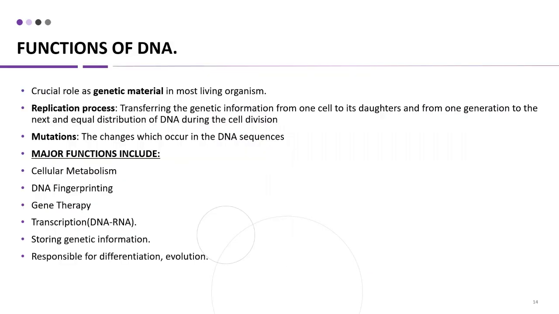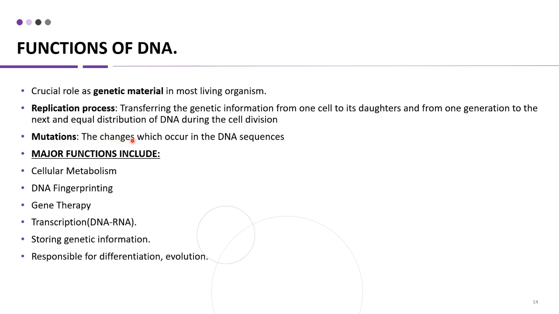Next comes the functions of DNA. DNA has a crucial role as the genetic material in all living organisms. The replication process, which is the transferring of genetic information from one cell to another cell, from one generation to the next generation, is the work of DNA during cell division.